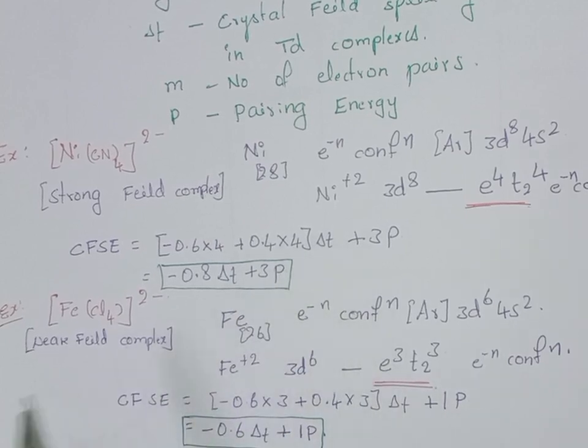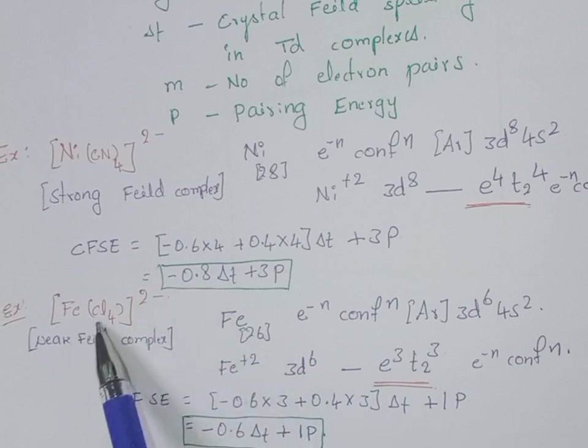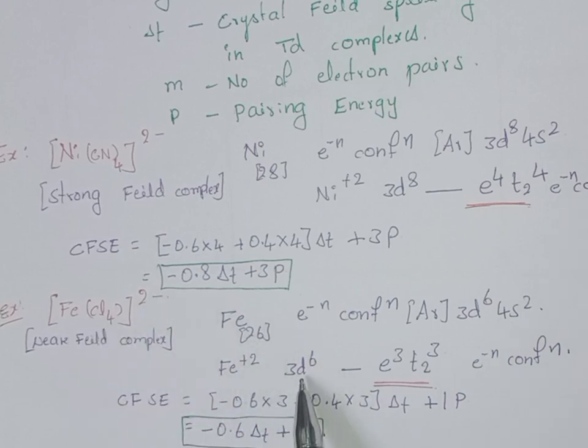If we see another example, tetrachloroferrate(II), a weak field complex. Iron has atomic number 26, with electron configuration argon 3d6 4s2, and when iron is in the +2 oxidation state in the complex, it has a d6 system with e3 t2^3 electron configuration.